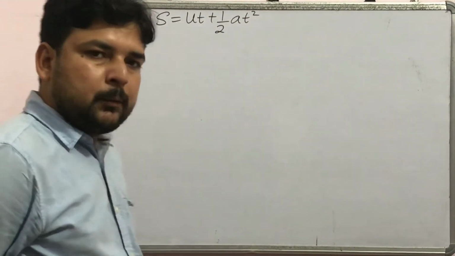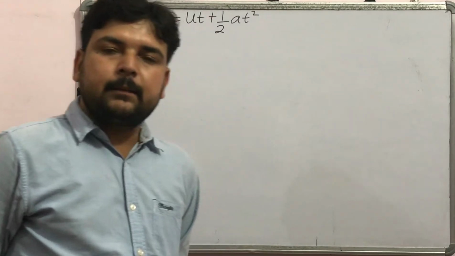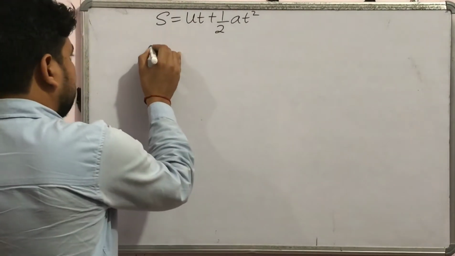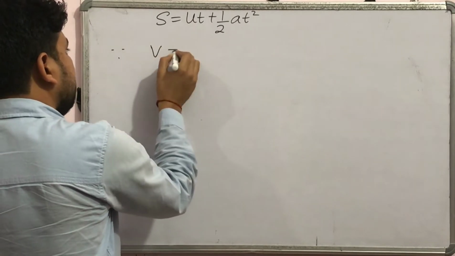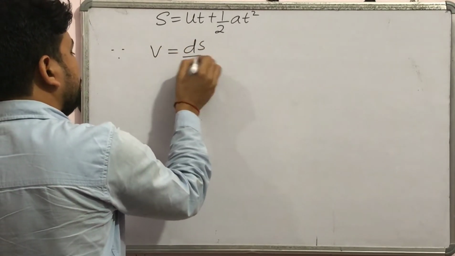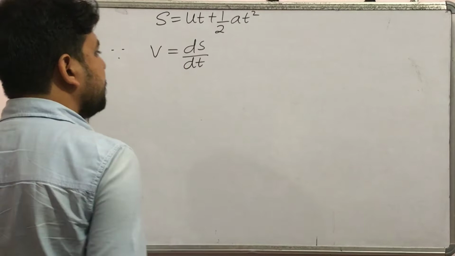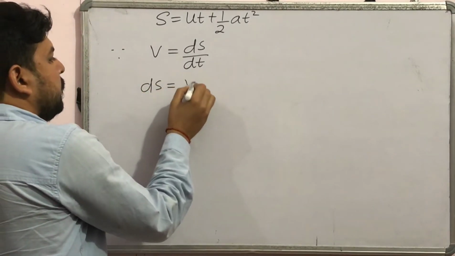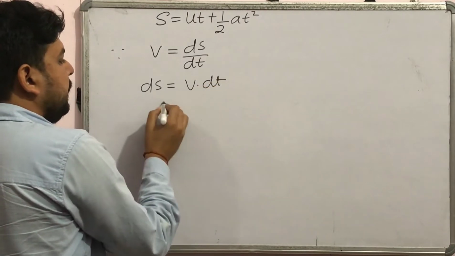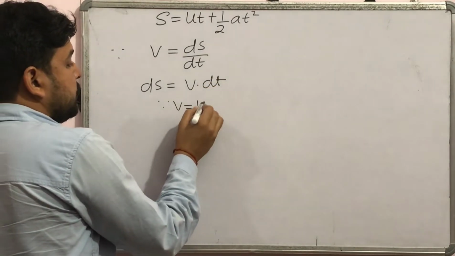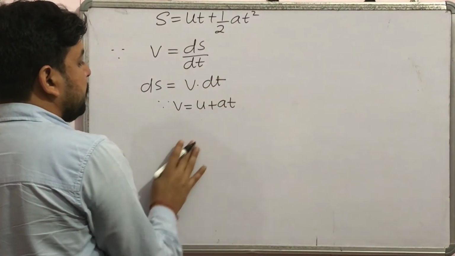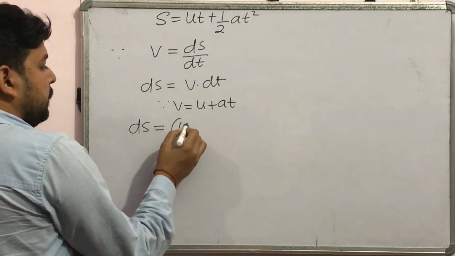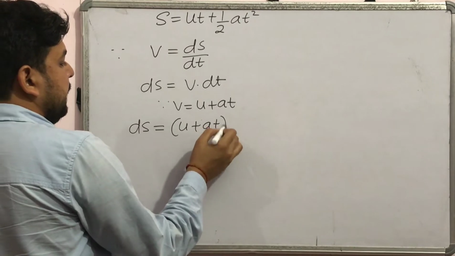Now with the help of equation 1, we will derive equation 2. Since velocity is a rate of change of displacement, that is ds over dt. So ds is equals to v dot dt. आपको पता है v equals to u plus at. So this will be ds is equals to u plus at dot dt.